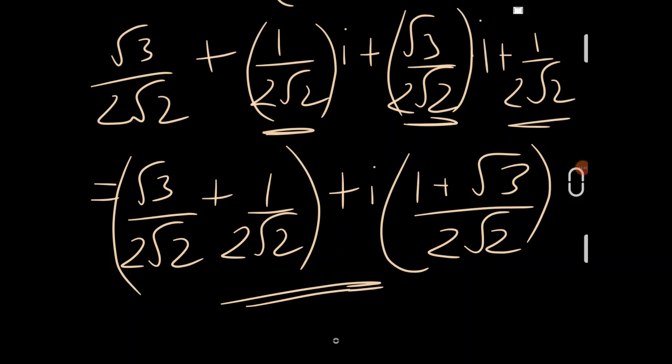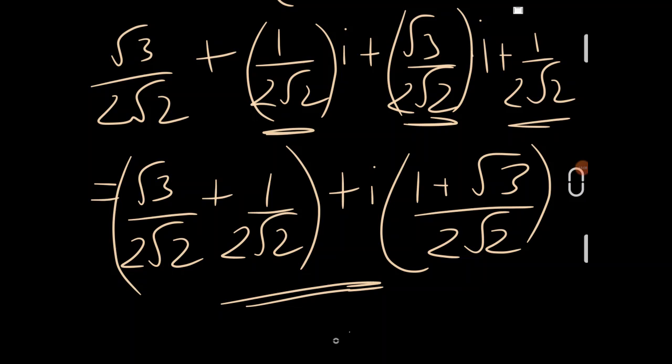So now I have A plus iB format. Now do you understand? If I take the root of A square plus B square, I'll get the modulus of Z. Why I showed you this is that even without a calculator, I am able to find the value of sin 75 degrees, or you can do this for any angle.